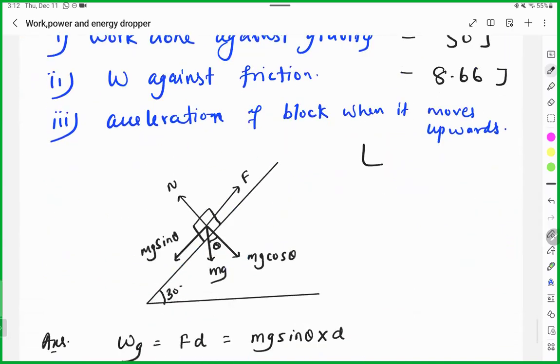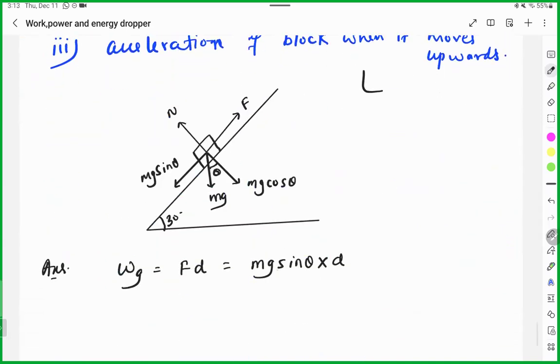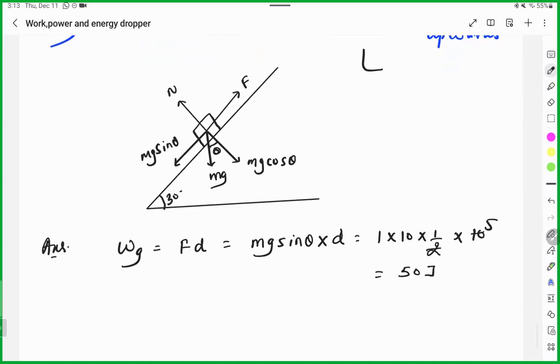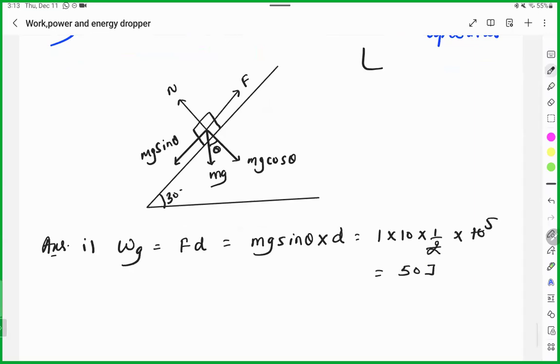So all these values are given. So mg sin theta into d. What is m value? 1, g 10, sin 30 value 1 by 2, and displacement 10. So the answer is 50 joule. Done. So the first part was extremely easy.